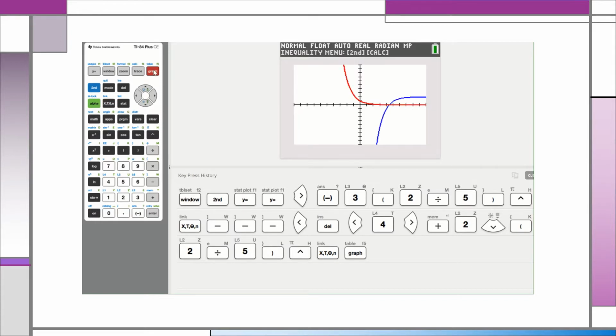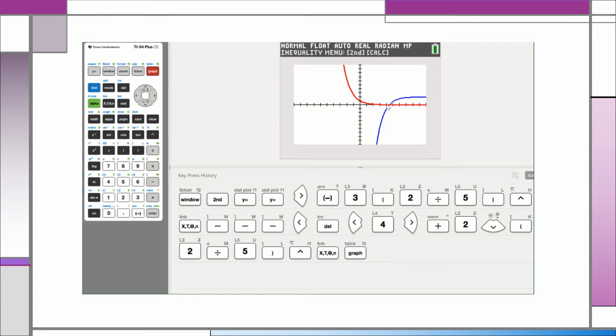The red is my parent, and in the blue, it's flipped over the x-axis. It has moved up 2, so where y is 2, I see a horizontal asymptote. And we have moved 4 units to the right.